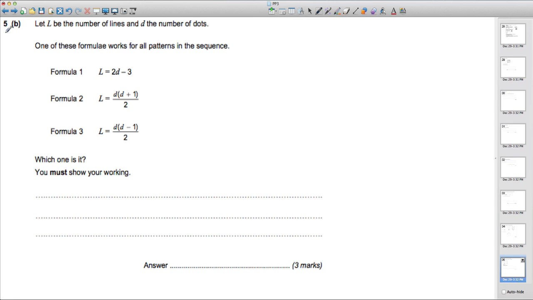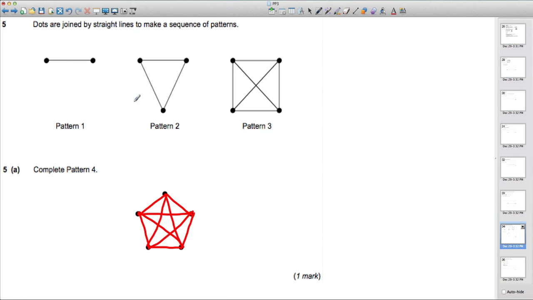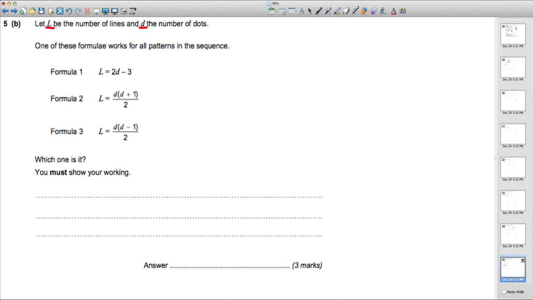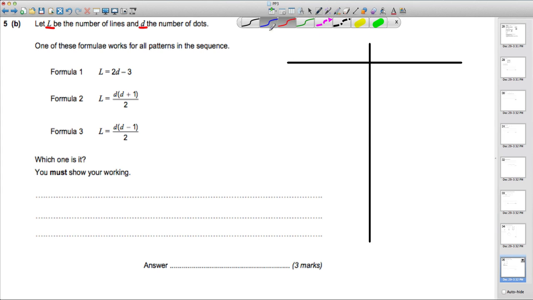Let L be the number of lines and D be the number of dots. One of these formulas works for all patterns in the sequence. Which one is it? Show your working. Okay. Firstly, what we could do is have a table here with lines and dots from the working we've done.